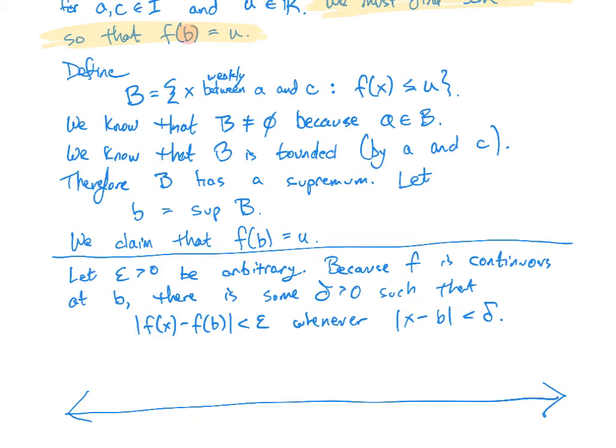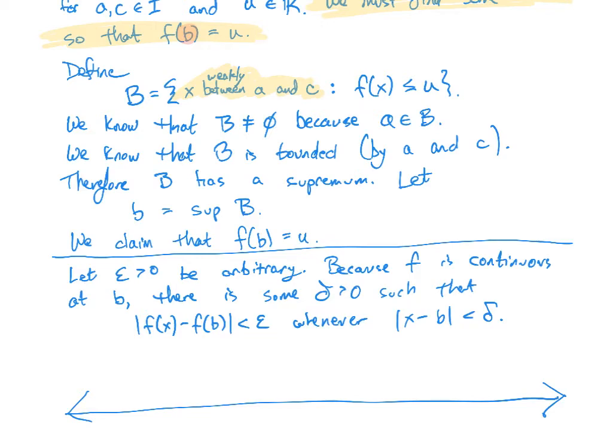That is a good question. When we say x weakly between A and C, we're talking about a closed interval. So little b could not be greater than the maximum of A and C. Okay, because it's a closed interval, we know that b is in the interval. Yeah. Okay.